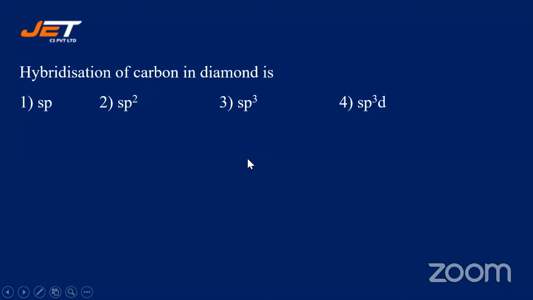Hybridization of carbon in diamond is. I'm seeing your answers, Shivarama Krishna.